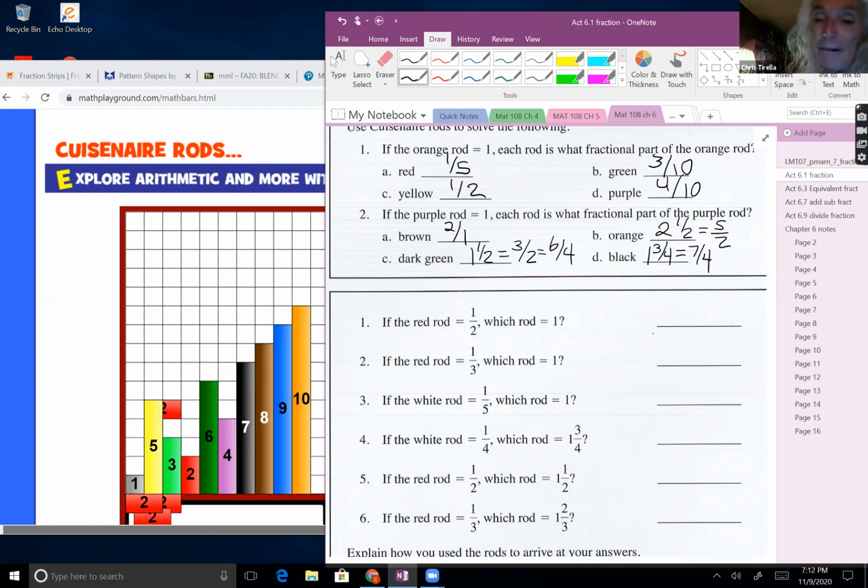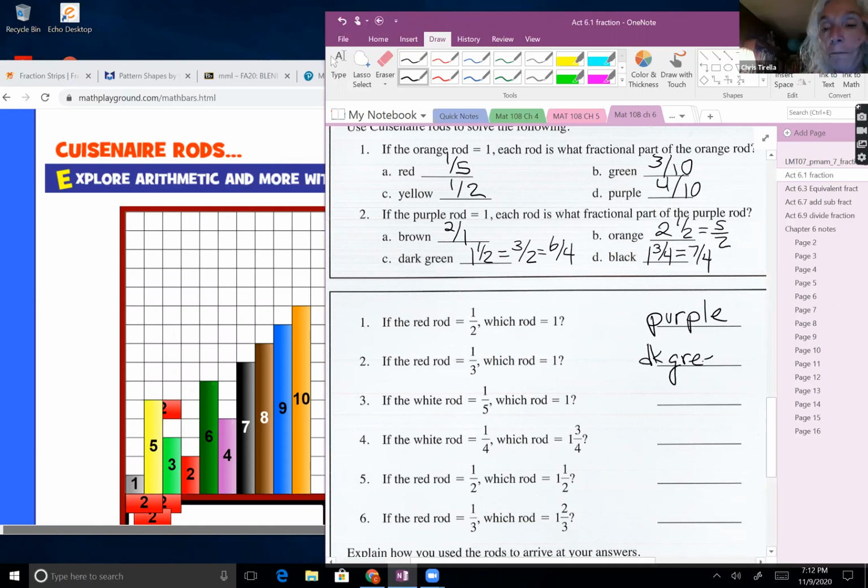Purple, thank you. Instead, if the red is 1/3, which would be 1? Dark green.